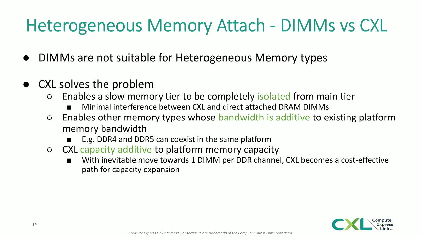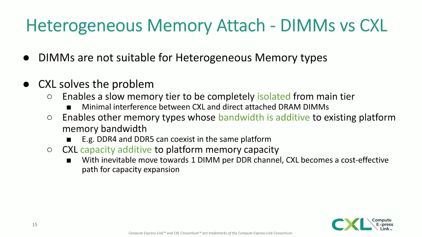the different memory types on a CXL interface, for example, which allows us to keep them completely separate from the direct attached DDR DIMMs that we typically use. The second benefit here is that this really allows us to scale up the memory bandwidth on a particular platform very efficiently, because we can simply scale memory bandwidth by scaling the number of CXL links that we provide on the platform.